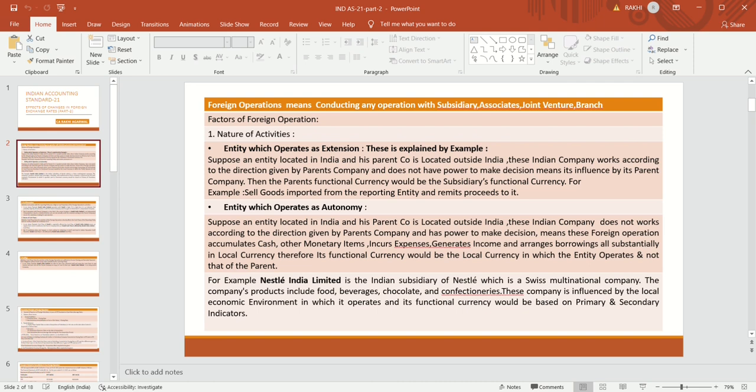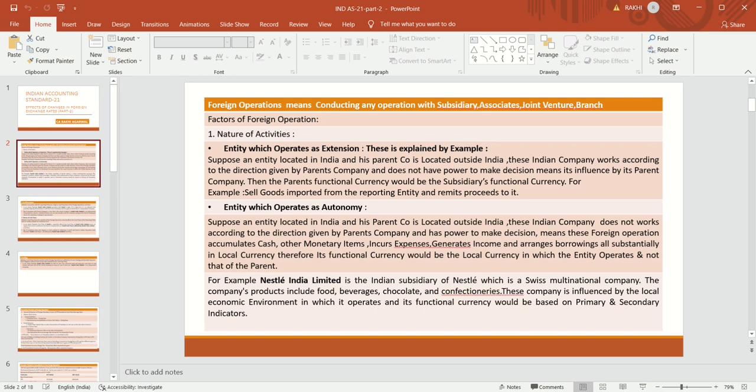Suppose the parent company is in India and the subsidiary is situated in the US and their operation is going on. That operation is said to be the foreign operation. Means conducting any operation with subsidiary, associate, joint venture, branch, that operation is said to be foreign operation.